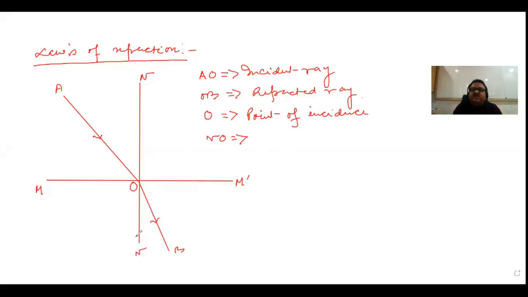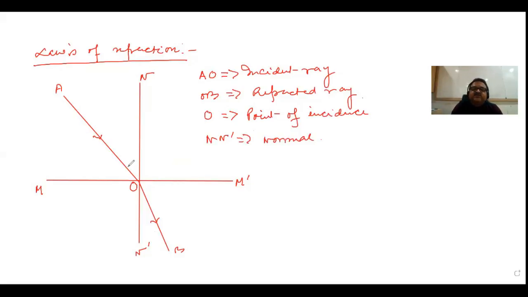NO or NN prime, whatever you can say, this entire thing is the normal, drawn at the point of incidence, correct? So better I write it like this: NN prime is the normal.